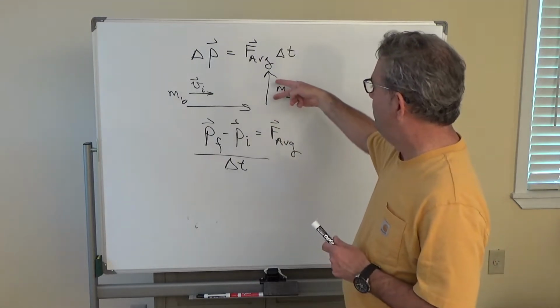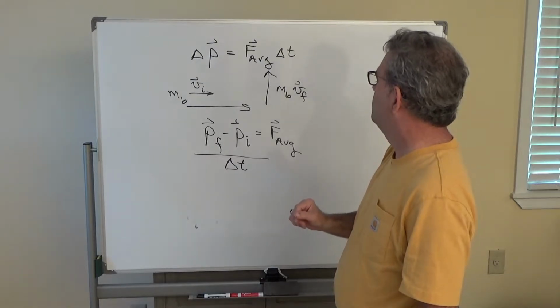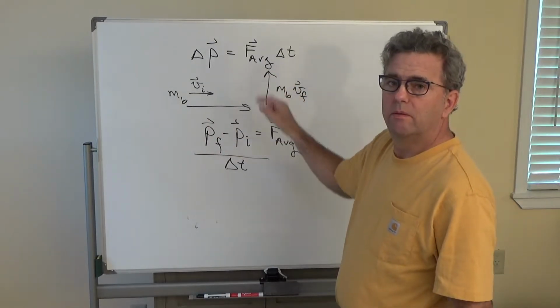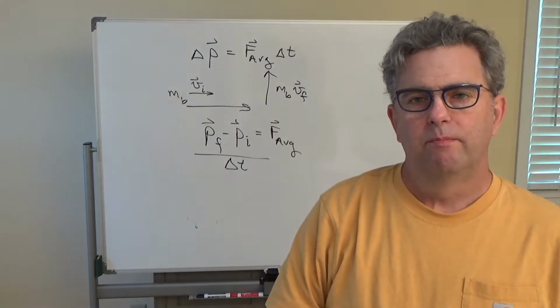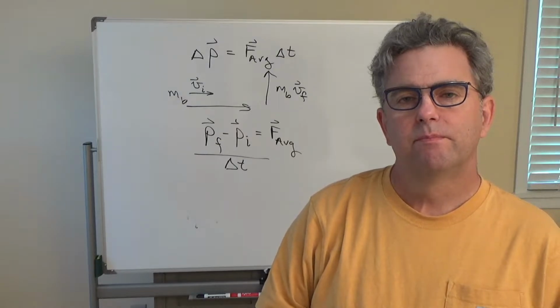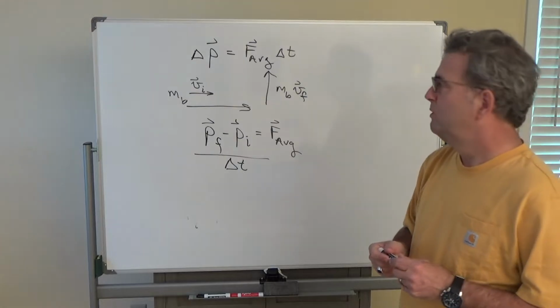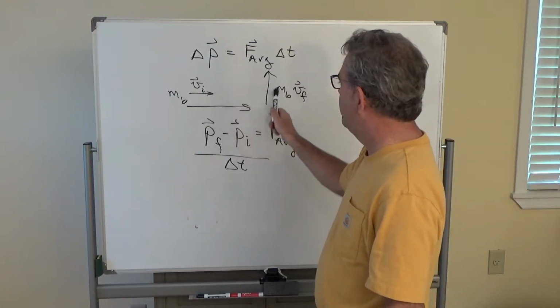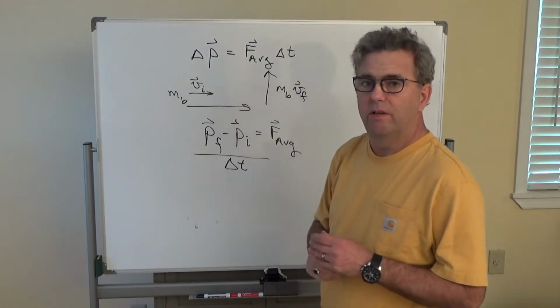It's V final minus V initial, so yeah, it's this way. Okay? So that's problem one. Any questions on that? You have the time, you can calculate the change in momentum. That's going to give you the average force.